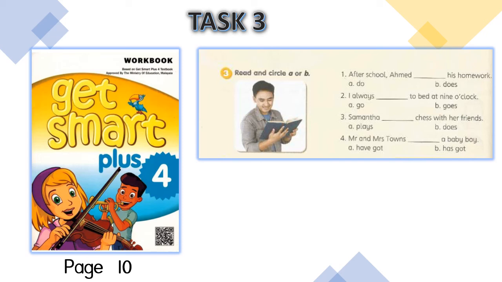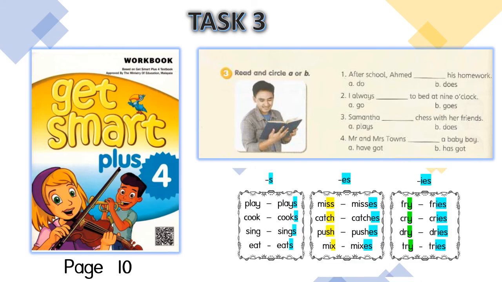But when the subject is plural, you have to add nothing. Okay? You just use the base word. Okay. So just choose an answer and circle it. Okay? Please complete number 1 to number 4.